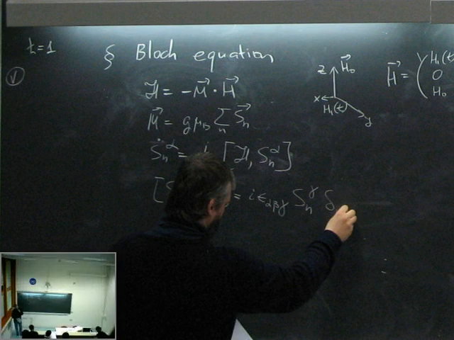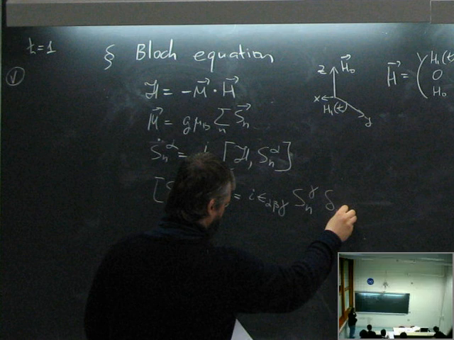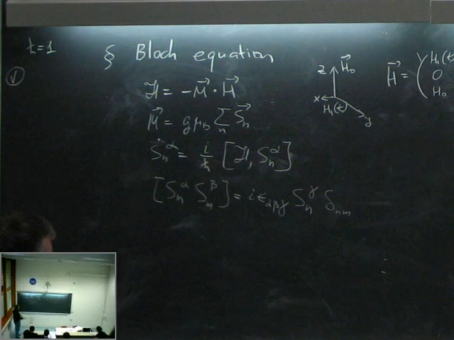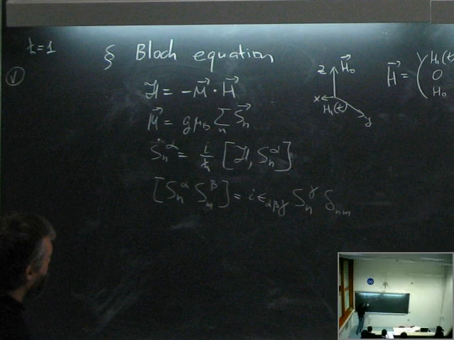So this is how different components of spins commute on the different sites. If n and m are not equal to each other, I have this commutator equal to 0. If they belong to the same site, then the commutator of two components is expressed in terms of the third one.